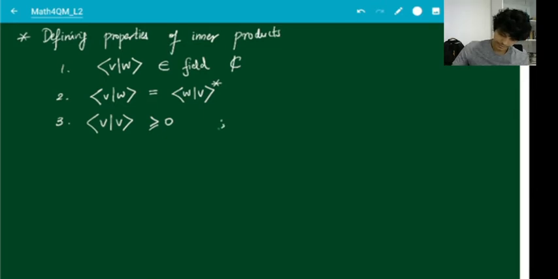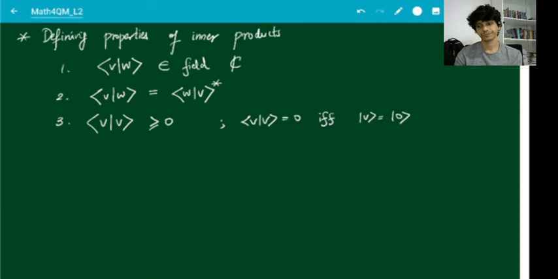And in addition, the limiting case when it is 0 is only possible if and only if V is the null vector. So it's only for the null vector that its inner product with itself should be 0. All other vectors have to have a non-zero norm. That's what we are saying.